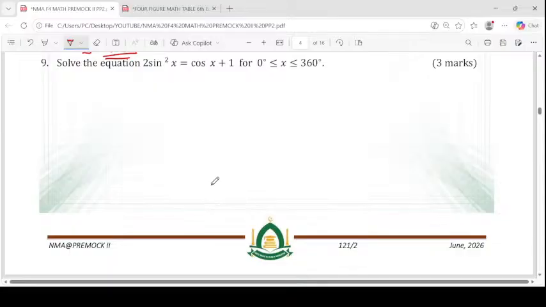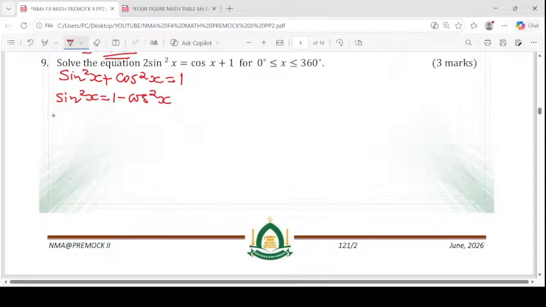Solve the equation 2 sine squared x is equal to cos x plus 1 for x ranges from 0 to 360 degrees. One thing I want learners to understand here is that sine squared x plus cos squared x is equivalent to 1. So this means that sine squared x is equivalent to 1 minus cos squared x.